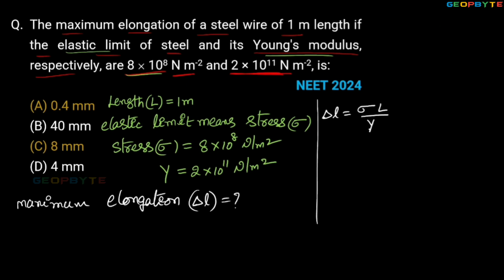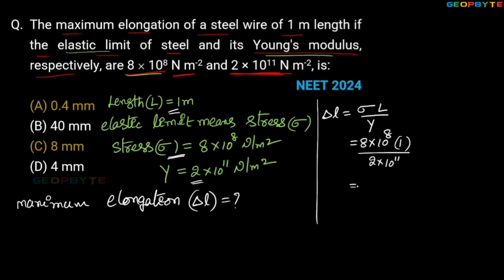Okay. Here sigma is given, sigma means stress. L is given. Young's modulus is given. Let us substitute the values. It is equal to sigma, 8 into 10 power 8, length is given as 1 meter, take it in meters only, and Y is 2 into 10 power 11.